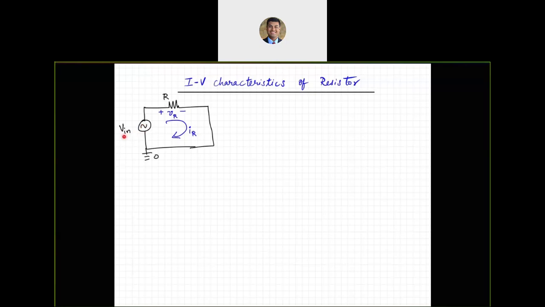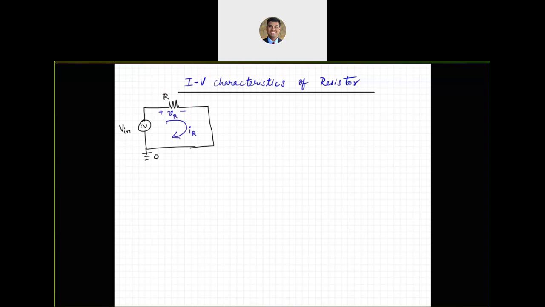As we change the voltage, obviously the voltage across the resistor is going to change, which means that the current through the resistor is also going to change. So if I were to sketch the IV characteristics of this particular resistor, so the resistor over here under investigation is that one, how would the IV characteristic look like?